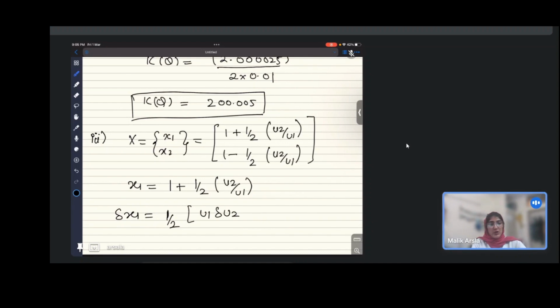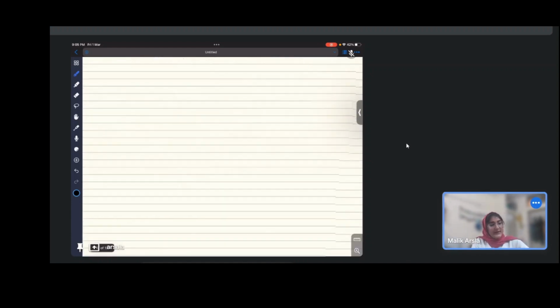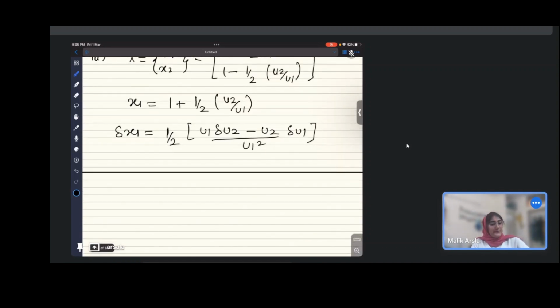You can try it on your own and tell me if I am wrong. So u1 del u2 plus u2 del u1 upon u1 square, because the differentiation of 1 will be 0. Now look here.